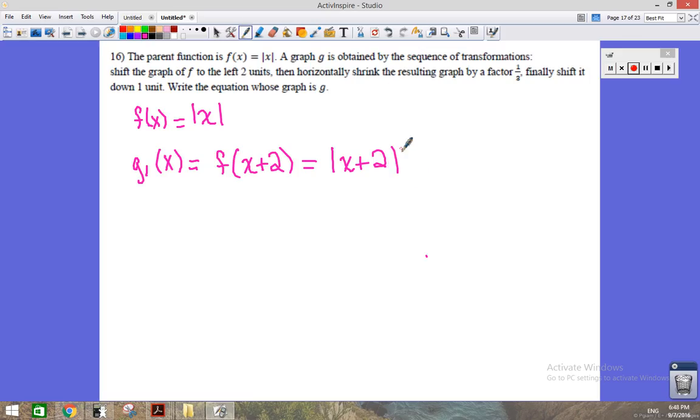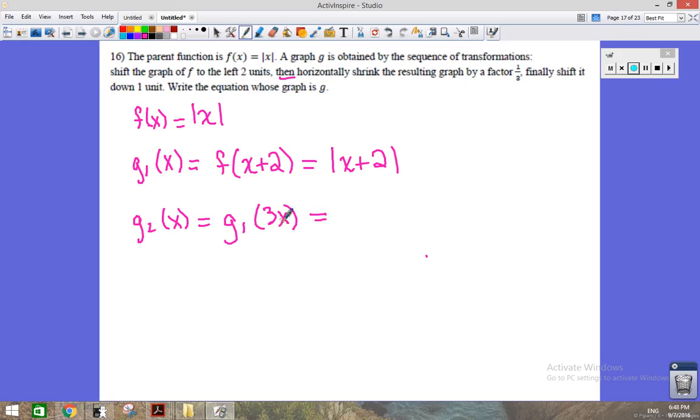Then, using this graph, create a new graph that is a horizontal shrink by a factor of 1/3. Whenever you're affecting inside the parentheses, it's bizarre in behavior, so I have to take the reciprocal of 1/3.